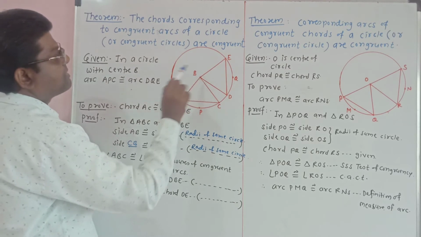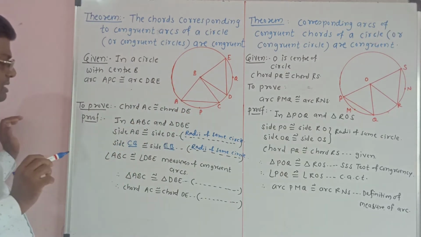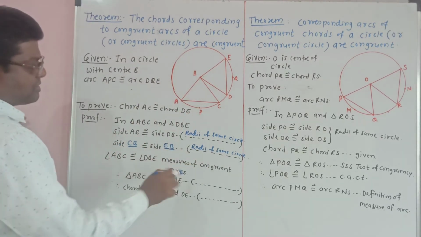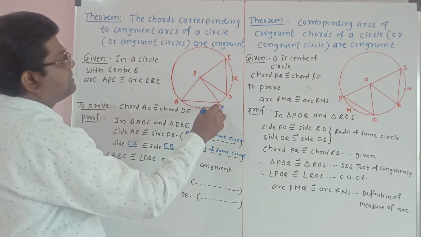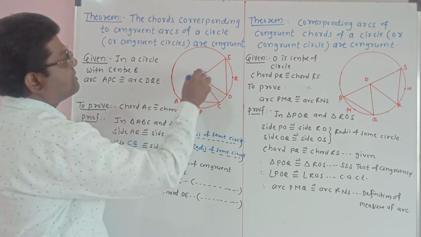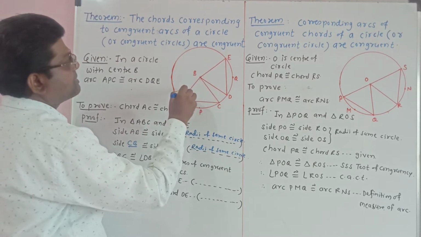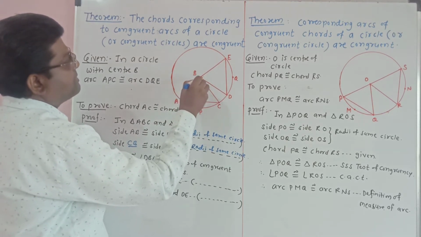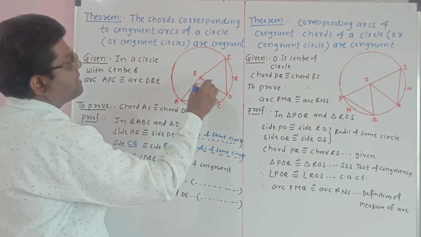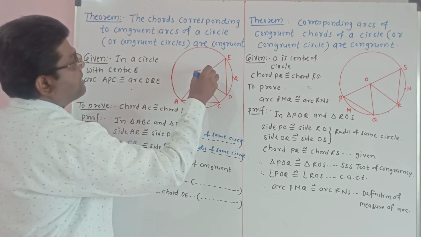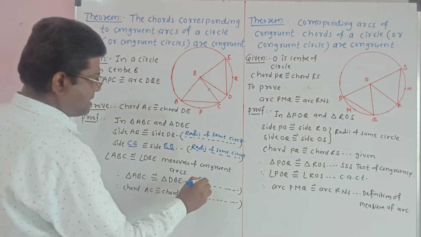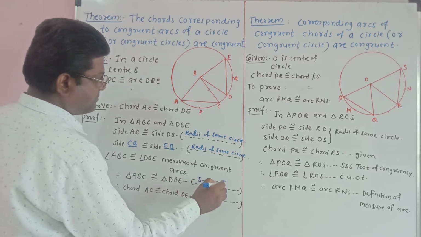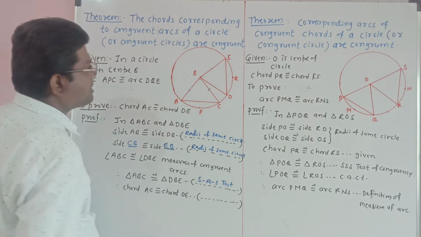Therefore these two angles are also congruent. So we write here measures of congruent arcs. Now triangle ABC is congruent to triangle DBE, which is due to the side angle side test. So we write here SAS test of congruency.